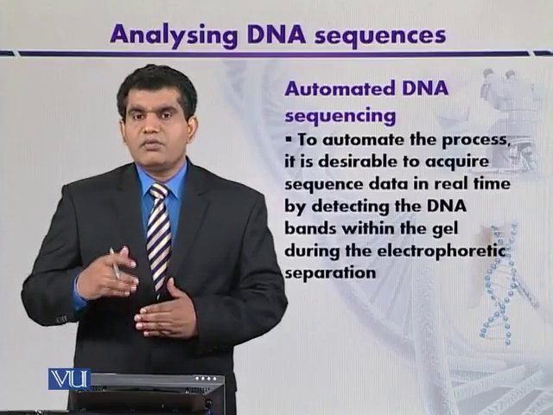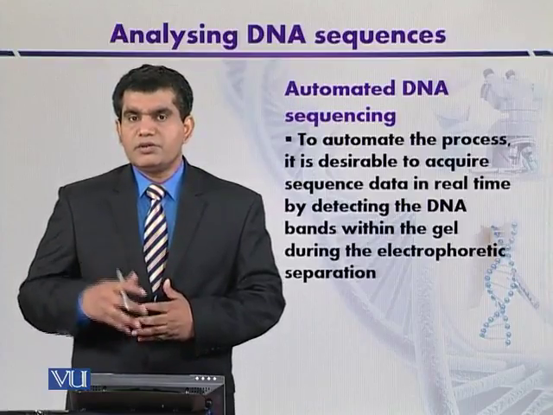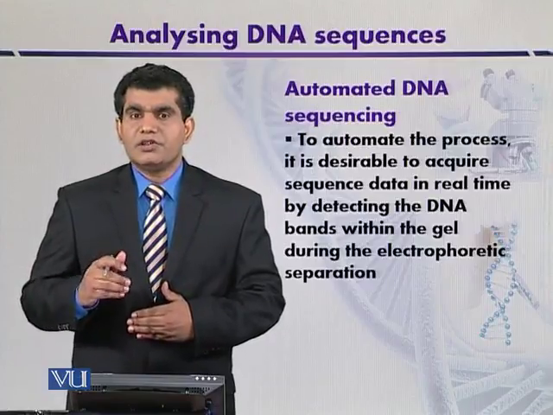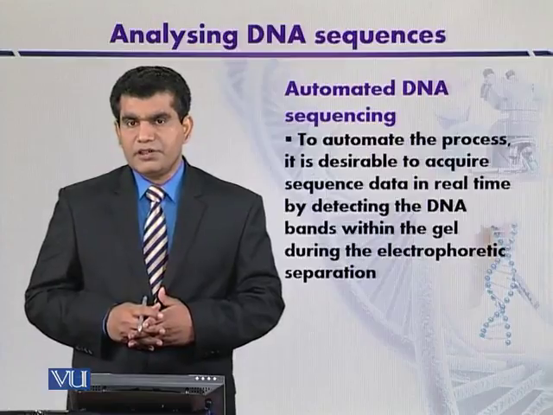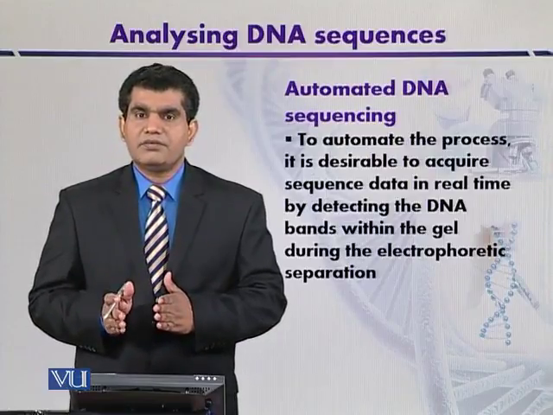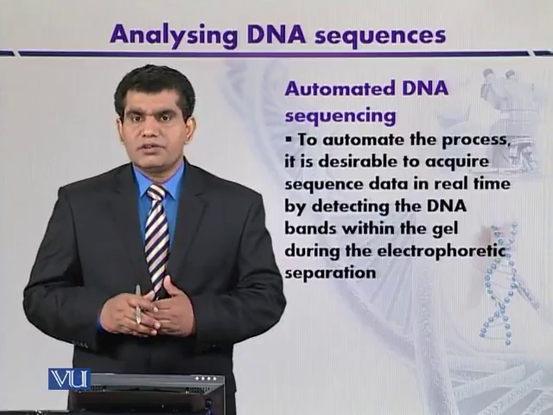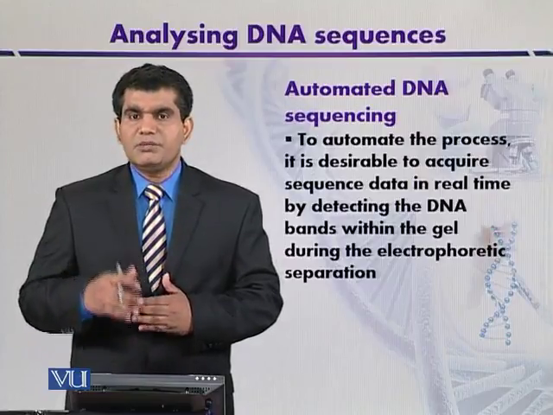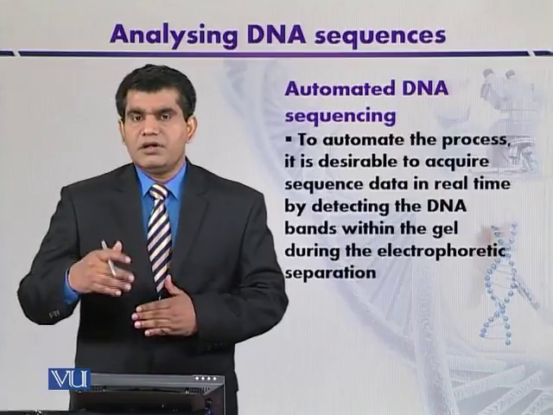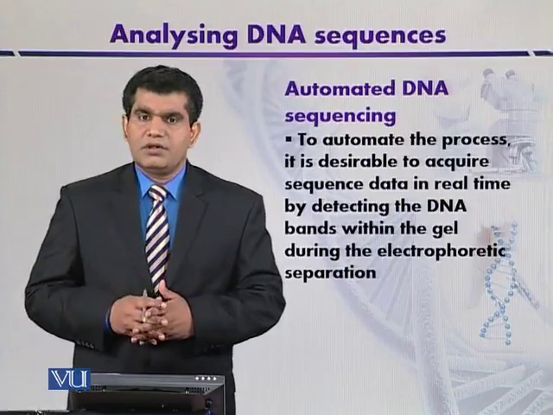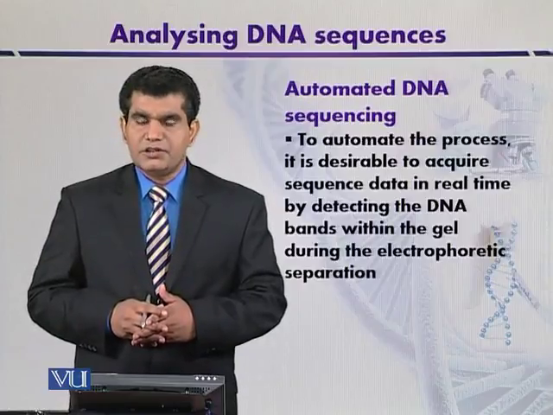So all the fluorophores we are going to use are different for the respective dideoxynucleotide triphosphates. Like adenine will have a different fluorophore, and similarly different chemical dyes will be used for other nucleotide bases.